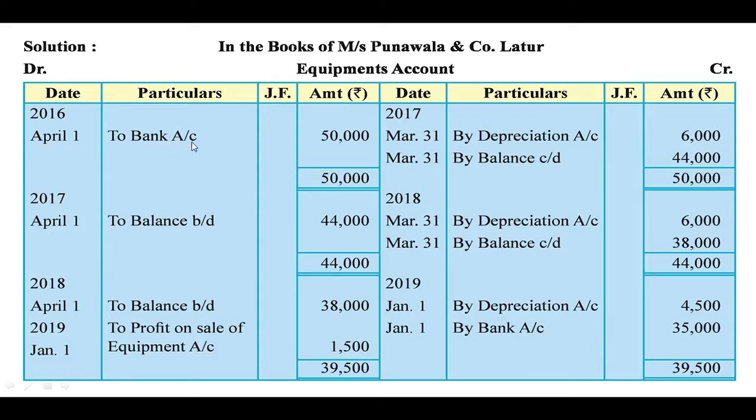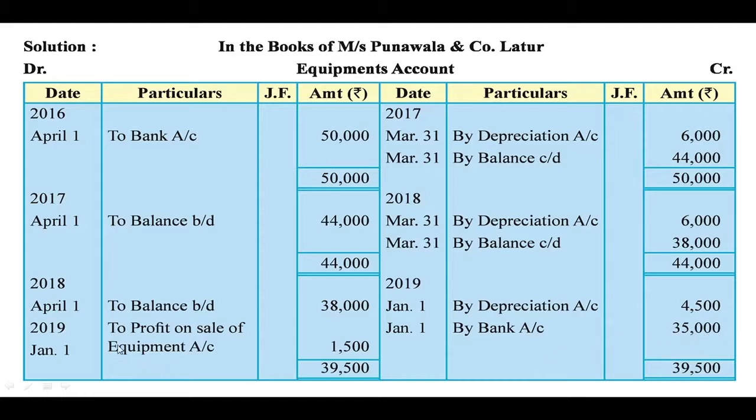Therefore, when equipment is sold, we have to write by bank account on the credit side, because the journal entry is bank account debit to equipment, because bank receives the money and therefore we have to debit bank account. And when the equipment is sold, equipment goes out of the business, so we have to credit equipment account. 35,000 is the selling price.